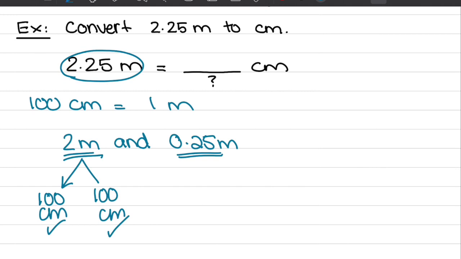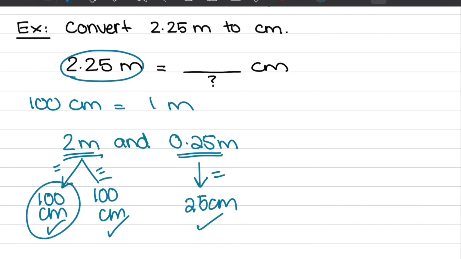So what's a quarter of 100? That's 25. Think about it in terms of money. What's a quarter of 100 cents? That's 25 cents, right? So here, a quarter of a meter is 25 centimeters. Okay, so that's what that's equal to and what these are equal to. So now we just put them together. 100 plus 100 plus 25.